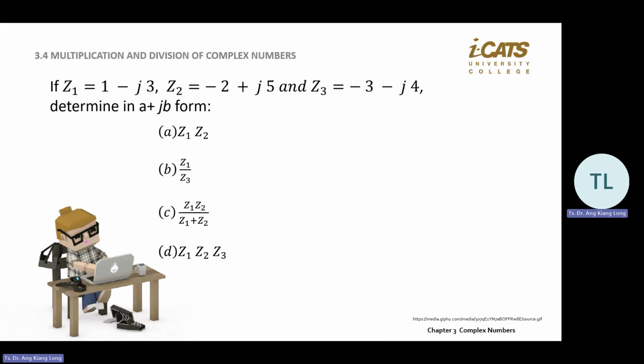Sometimes this kind of question will ask you to present your final answer on the Argand diagram. So for C, you do the multiplication and addition first, like what you did previously.